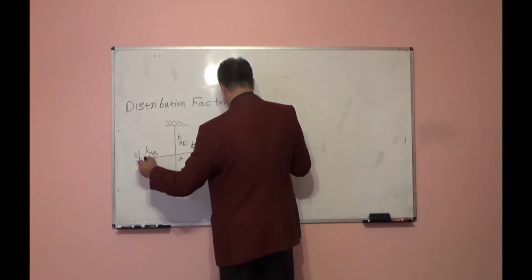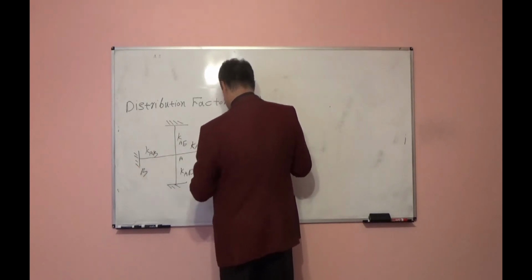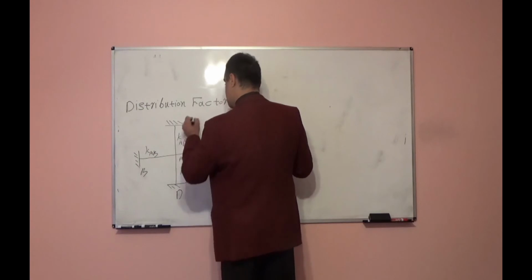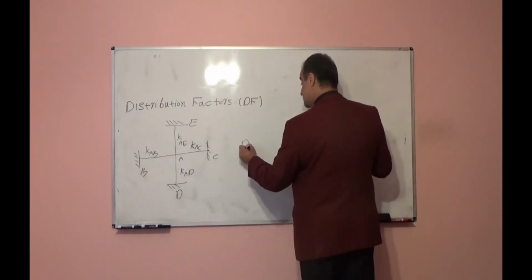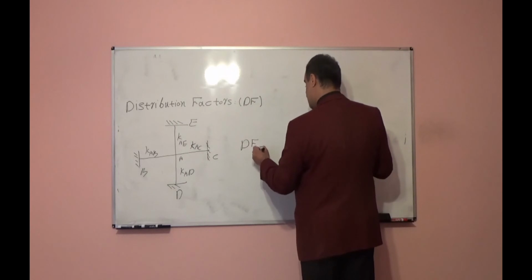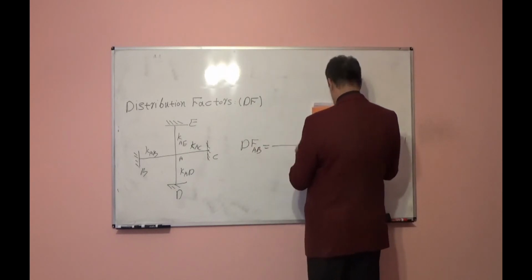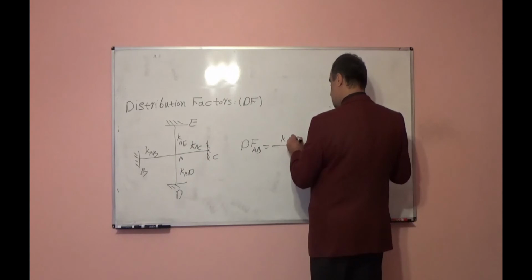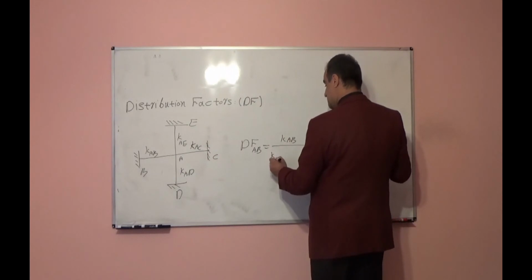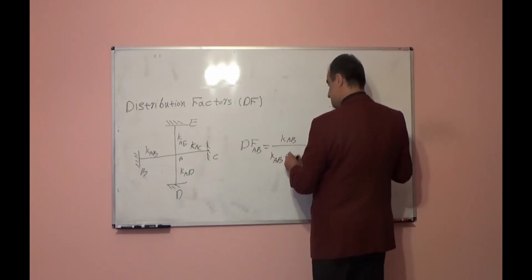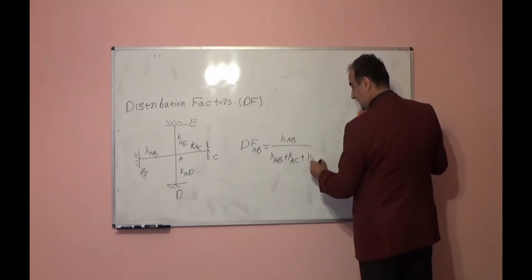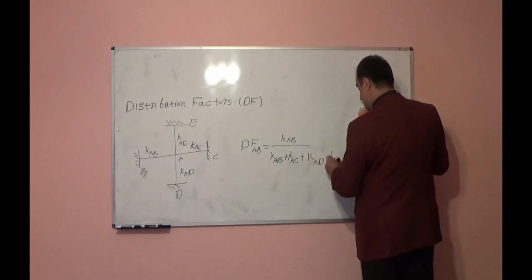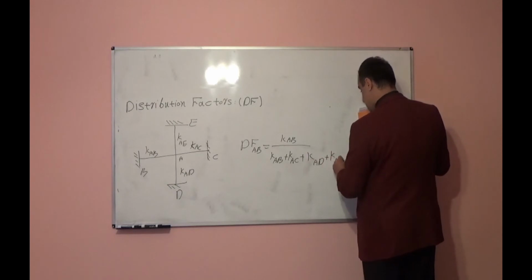So point A, B, C, D, E. Here, for example, the distribution factor for member AB will be equal to KAB divided by the summation of stiffness: KAB plus KAC plus KAD plus KAE.